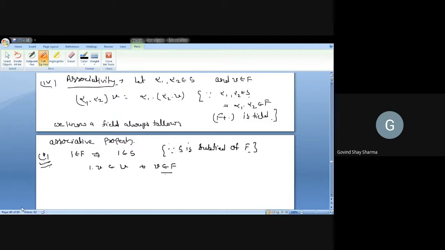So 1 dot V, V from the element of F, so 1 is the identity element.